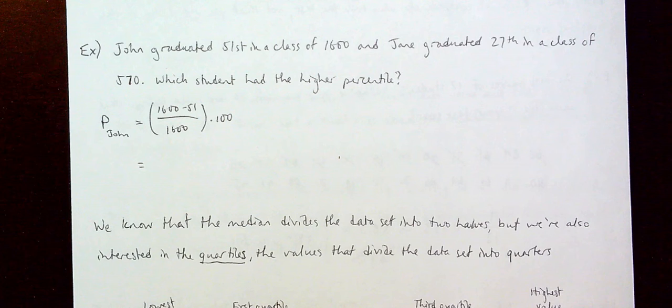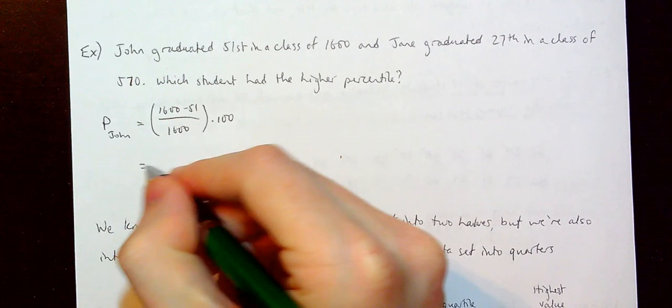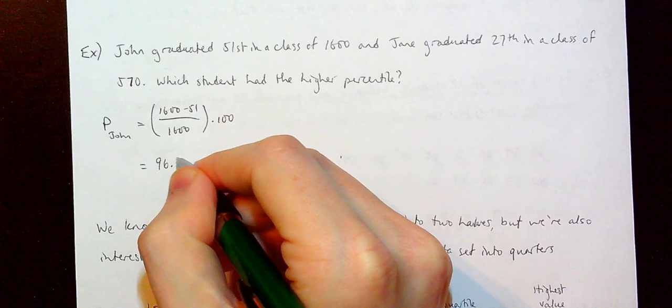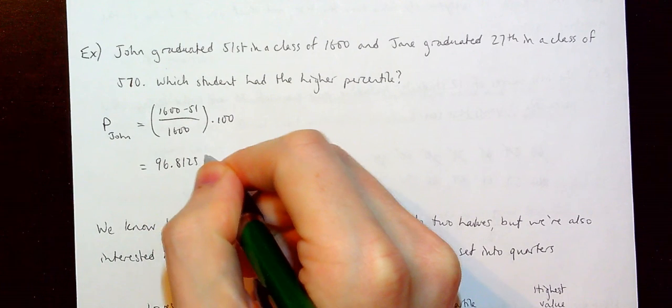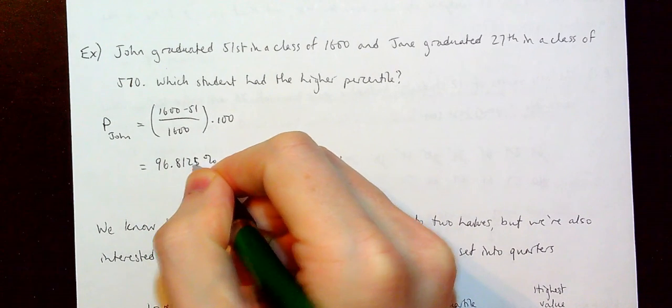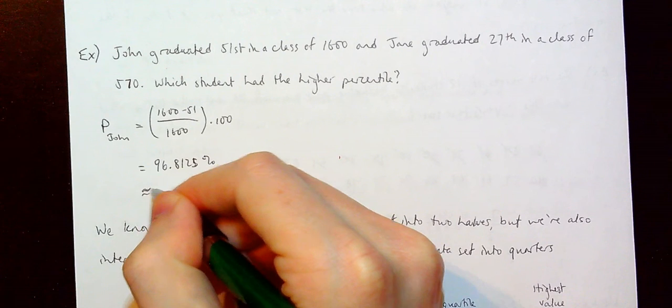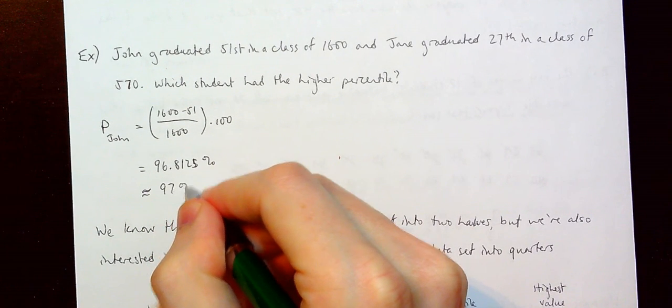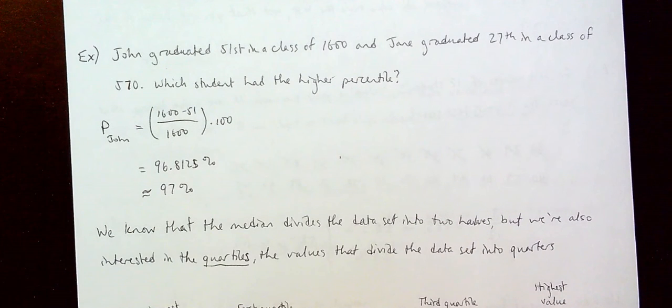And if you plug these numbers into our calculator, the actual value we're going to get is 96.8125%. So we'd say approximately the 97th percentile, or 97%.